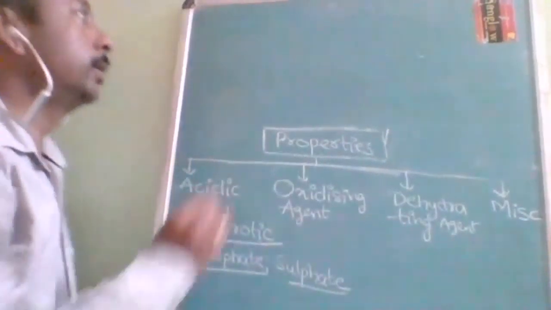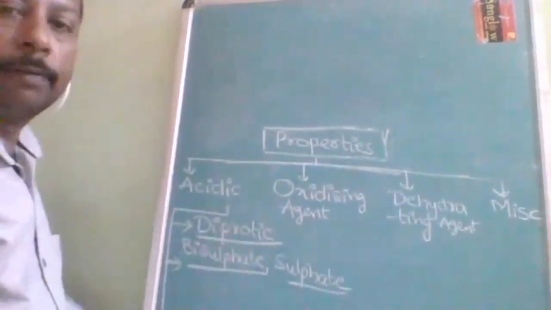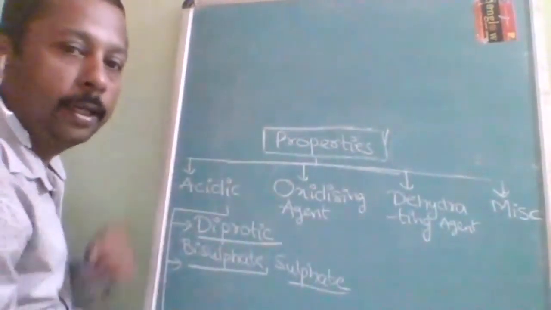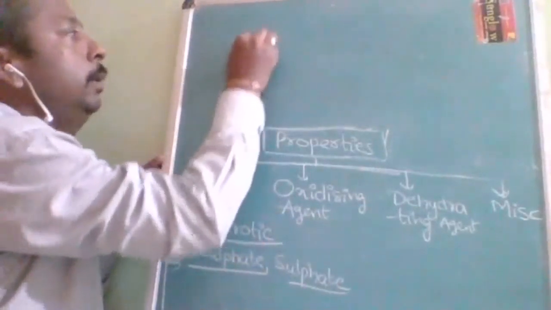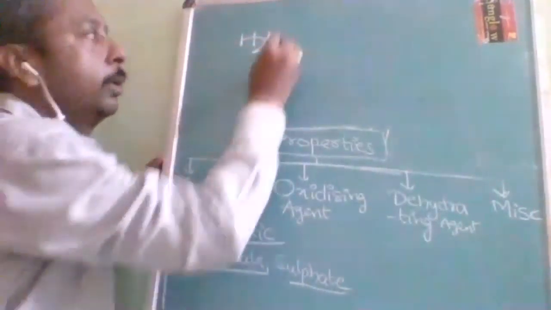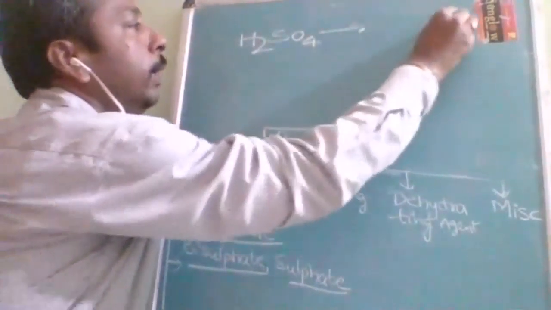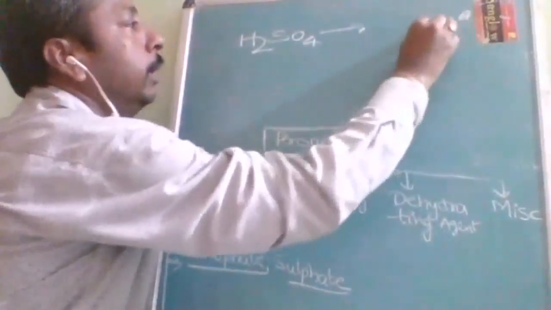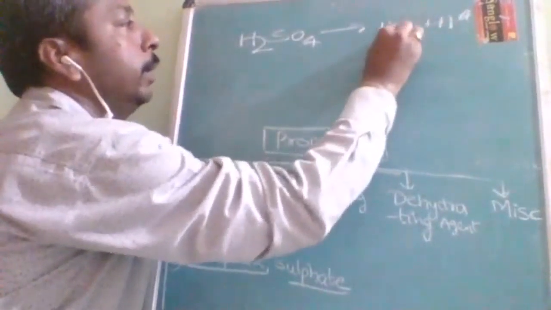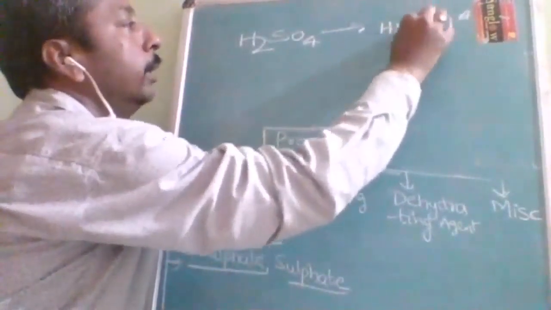So let us take this into equation form. I think now you are able to understand it clearly. If H2SO4 loses only one H plus, then the anion will be HSO4 minus.